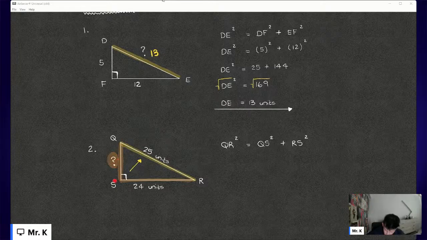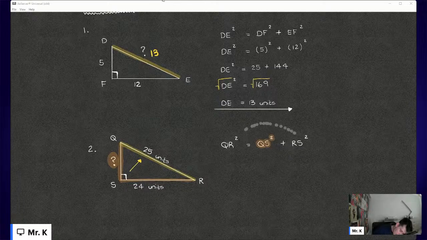QS. So, what we can always go and do is highlight this in our formula because this is what we want to have on its own. So, in order to have QS on its own, we're going to have to take RS over to the other side, right?